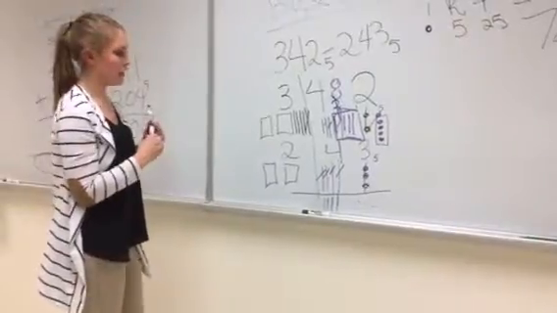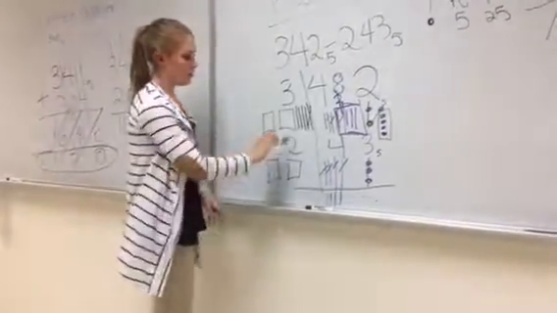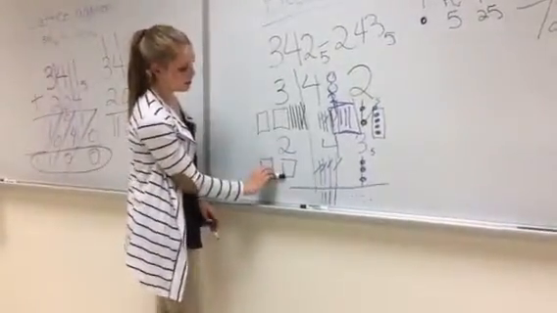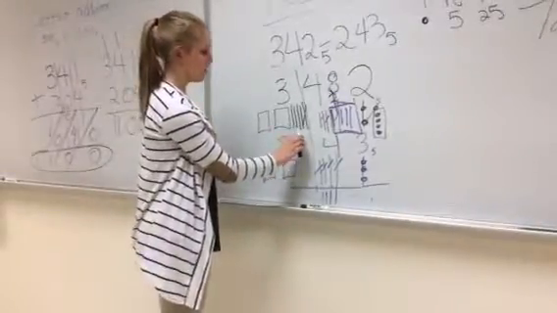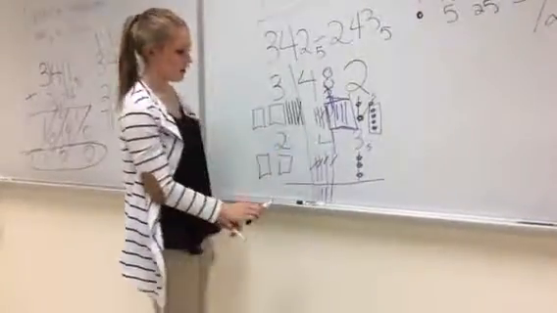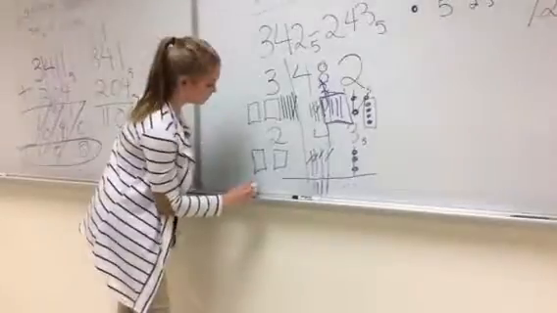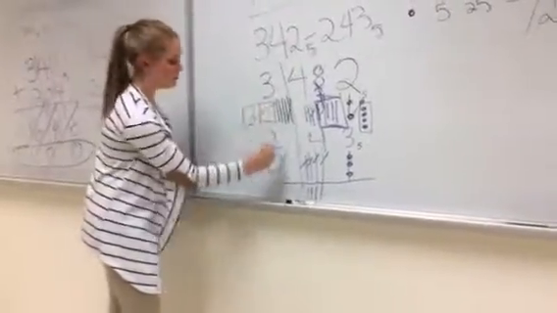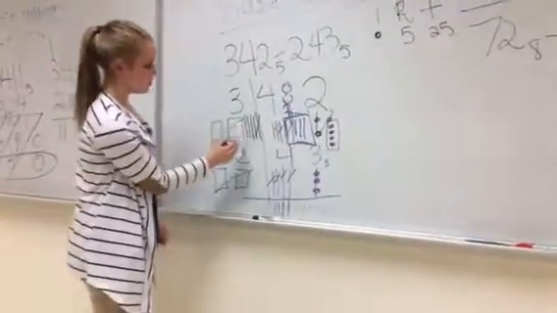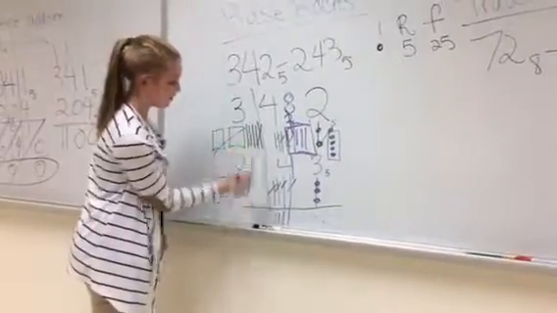Now coming over to our flats, we still have 2 flats and 1, 2, 3, 4 rods. So what we're going to do is subtract the 2 rods, or the 2 flats, and what you'll be left with is 1, 2, 3, 4 rods.